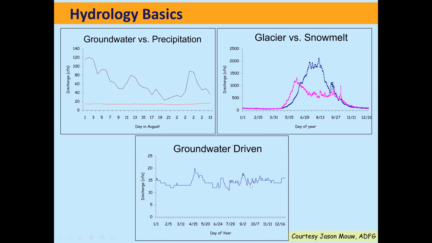So really stable. And I think the takeaway for this is you've got to think about the watershed you're working in for your stream crossing design, and try to think about what flows might be coming off that landscape to help you better understand the crossing you're designing.